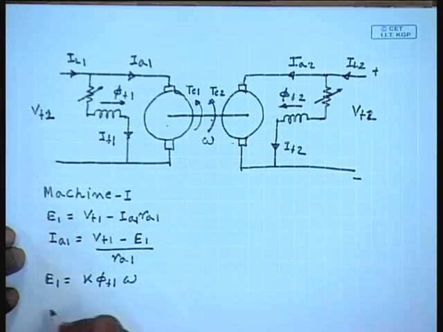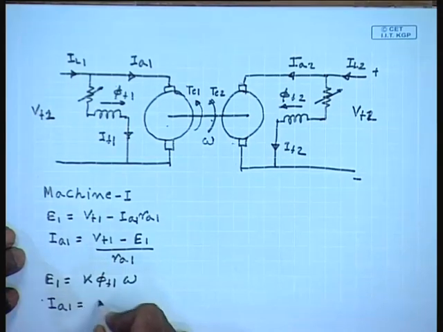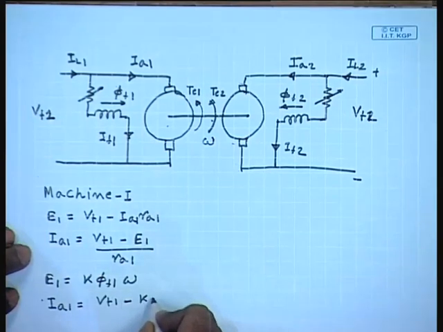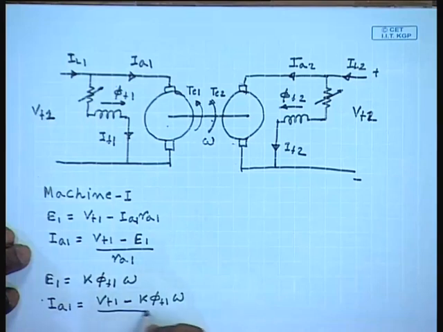So, Ia1 equals Vt1 minus K phi F1 omega by Ra1.